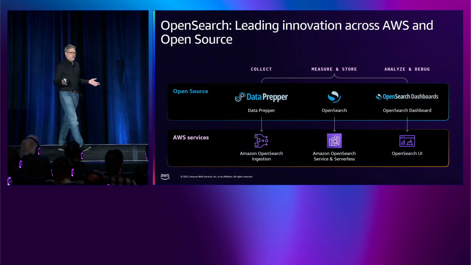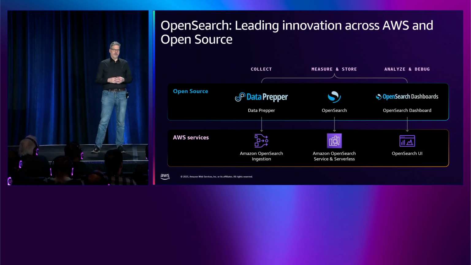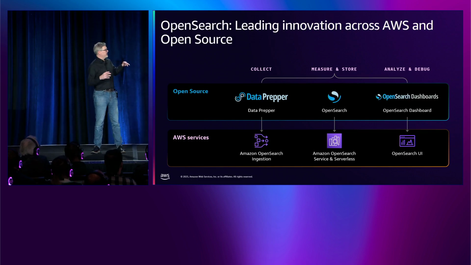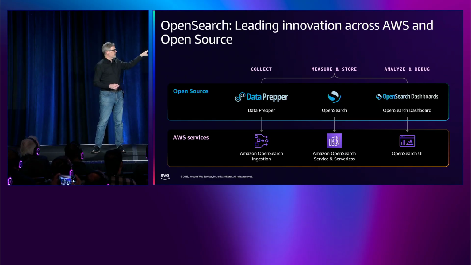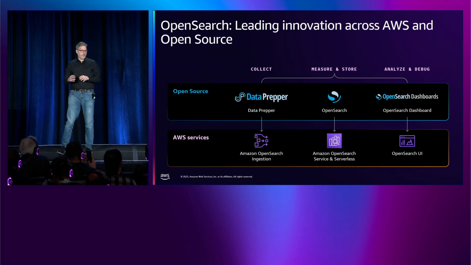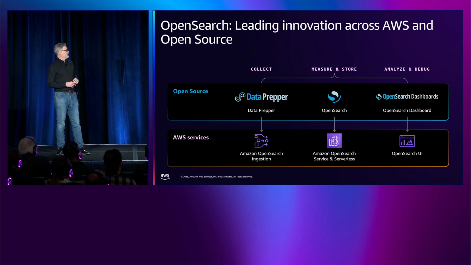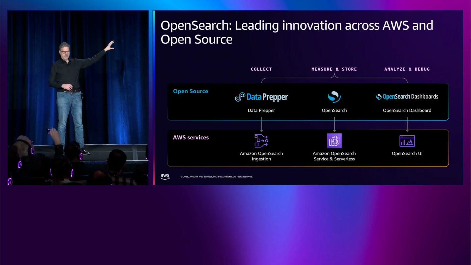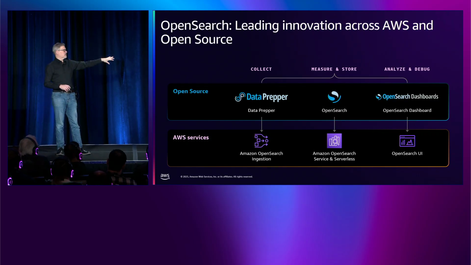When we talk about OpenSearch, there's a set of open source technologies that power OpenSearch, and then there are the AWS services that we provide for those open source projects. The primary open source pieces are Data Prepper, which is an ingestion pipeline that sits in front of OpenSearch that we deliver as OpenSearch ingestion service.